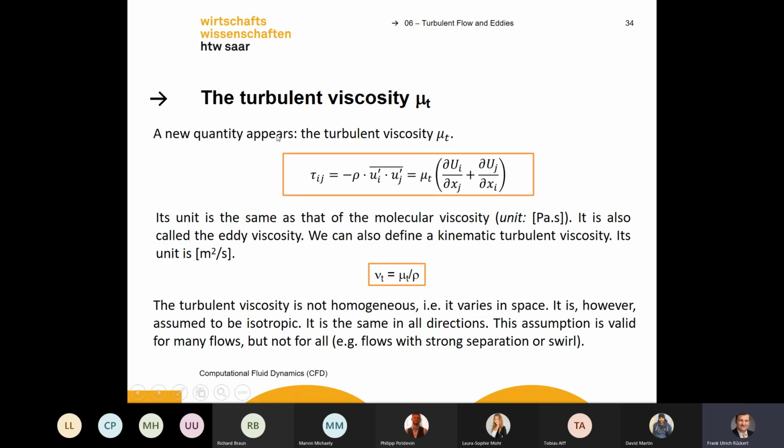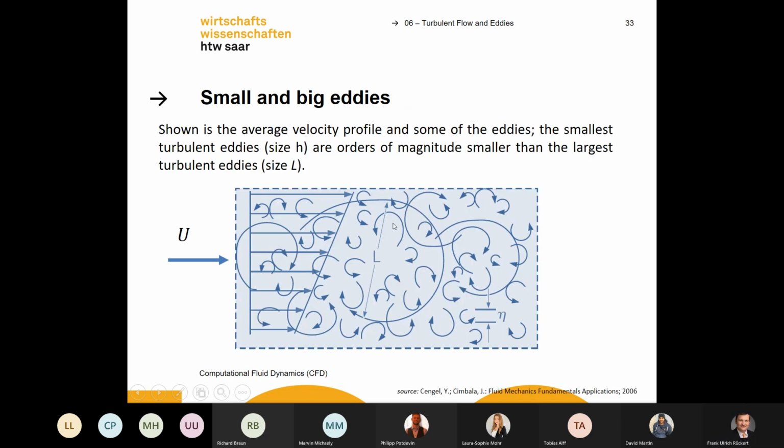And then you need a so-called turbulent viscosity. This turbulent viscosity is defined by the turbulent kinematic viscosity divided by density. The turbulent viscosity gives you a hint about the shear stresses inside the fluid. So I try to explain it with my own words.